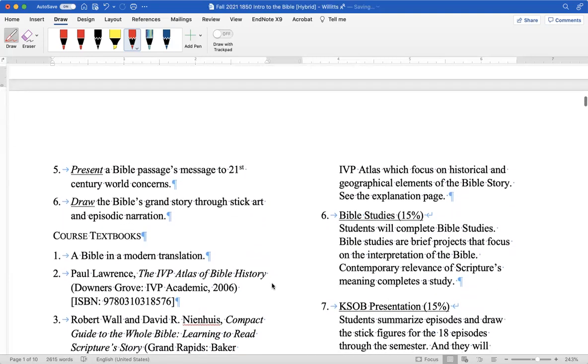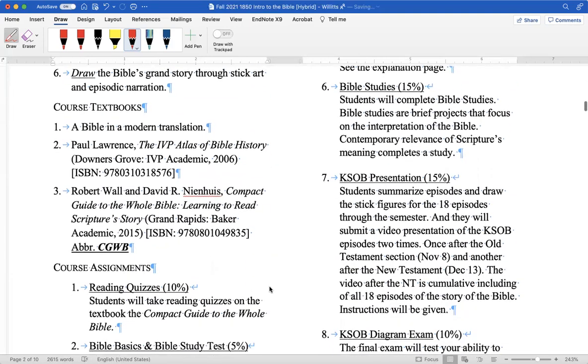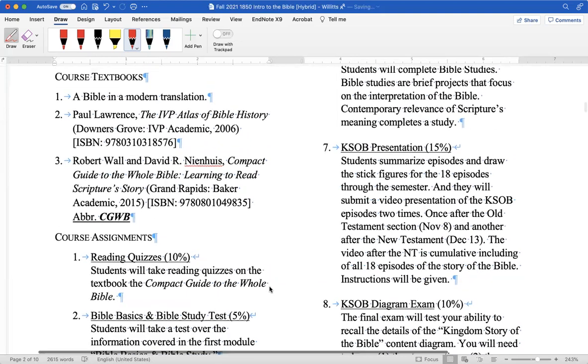All right, moving on to course textbooks. You will be pleasantly surprised, I think, that there are only 3, and you actually may have one of them already. You need, number 1, a modern translation of the Bible.